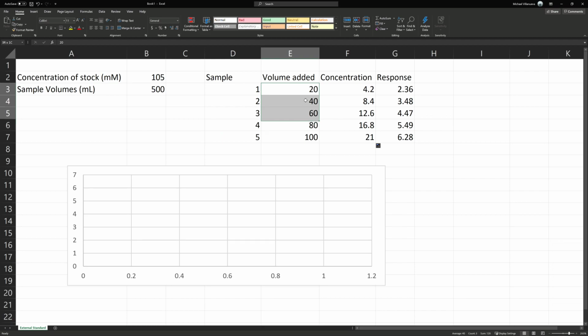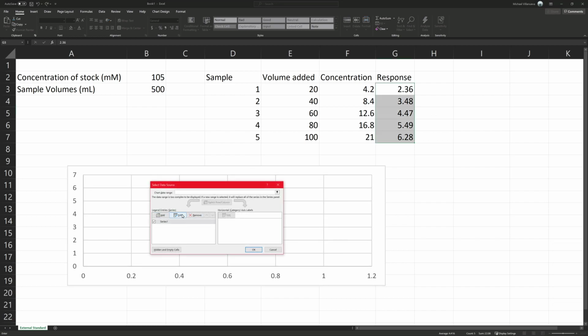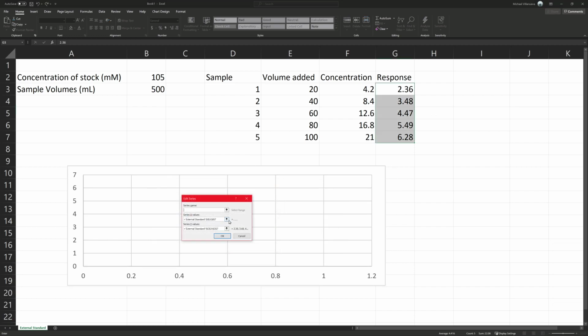We could use those values in this column right here, and then use the same math that I just did to come up with your new concentrations. So our responses remain the same. So what we're going to do is right click our graph. We're going to select our data again. We're going to edit our series. We need to select our X values.